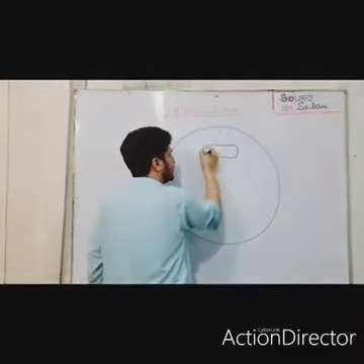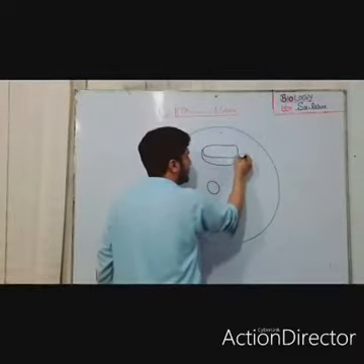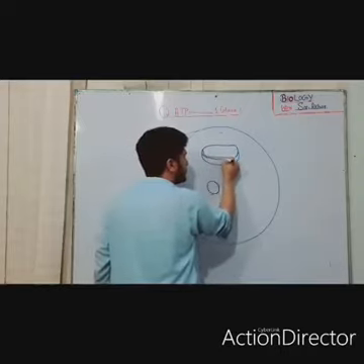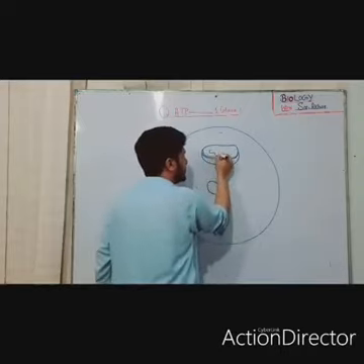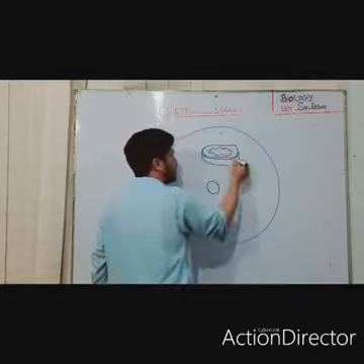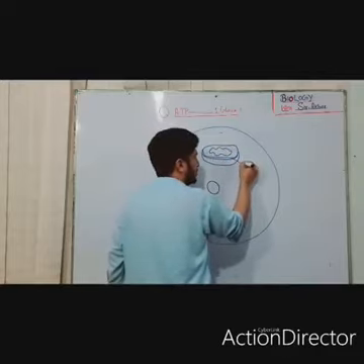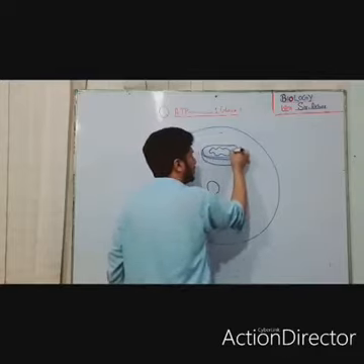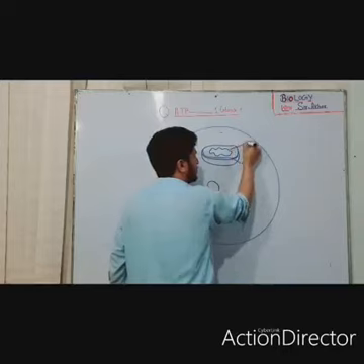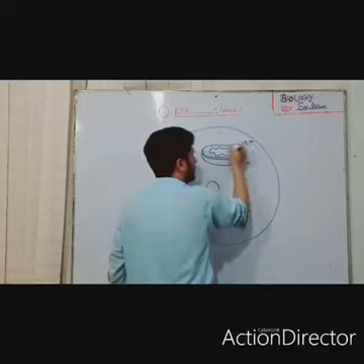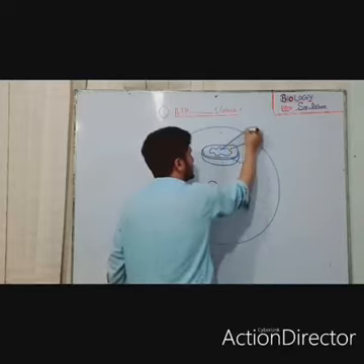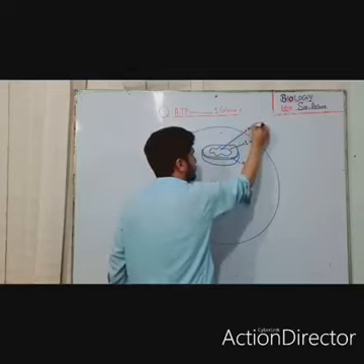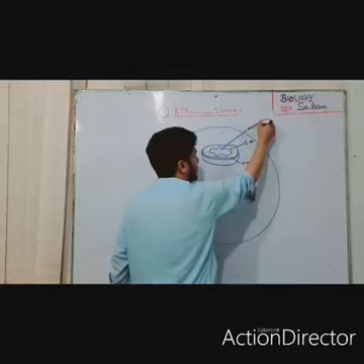This is, for example, a double membrane bound organelle, the mitochondria. Outer membrane. This is the inner membrane, and this is the matrix portion of mitochondria.